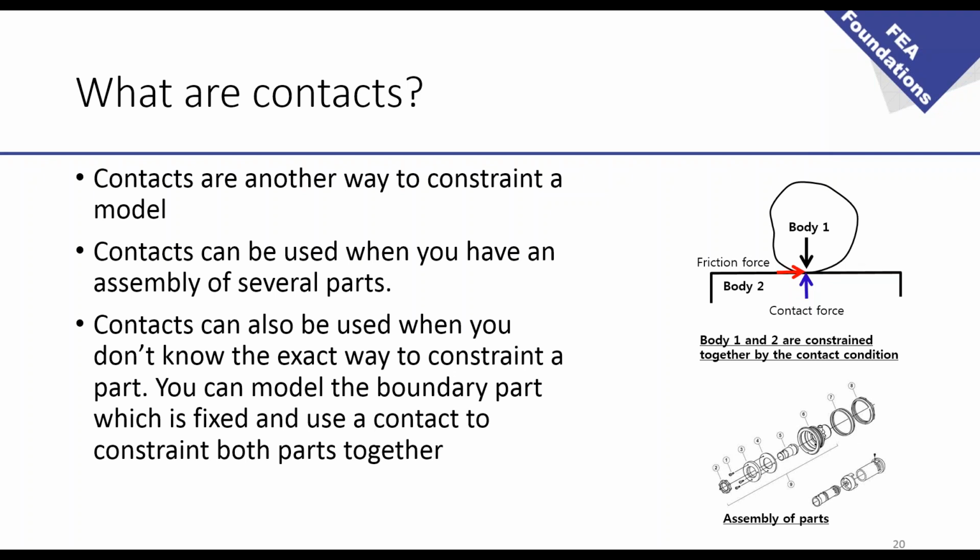When you have an assembly of parts, one part is constrained relatively to another. So you cannot always use the basic constraints like fixed, because you don't know the exact relation between two parts. So you have to use another type of constraint, and this can be called contact.